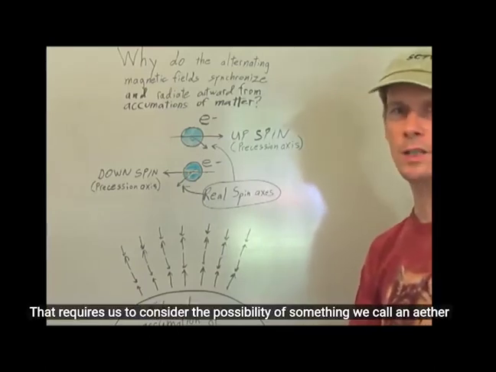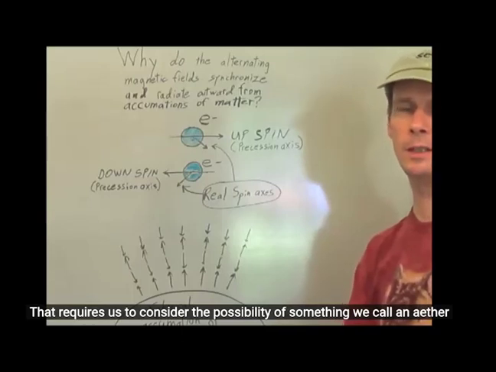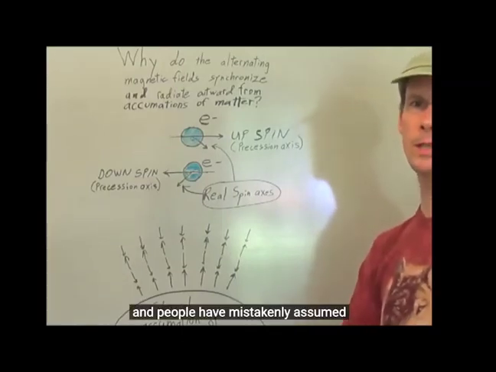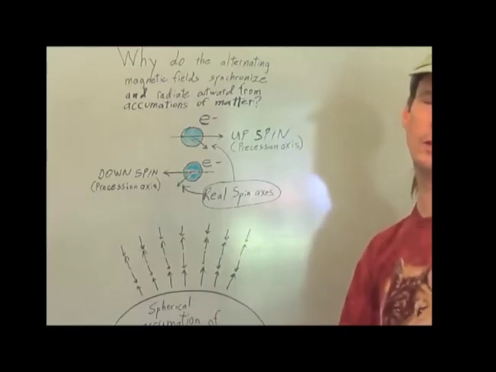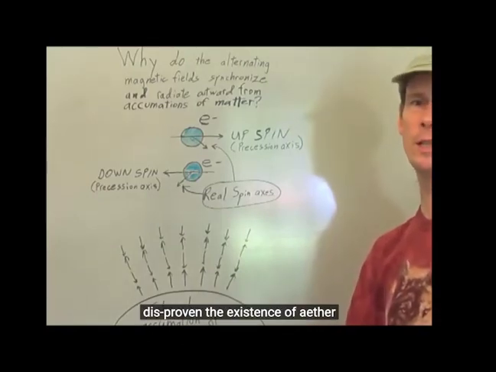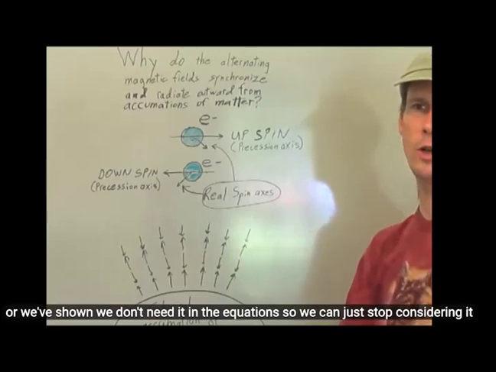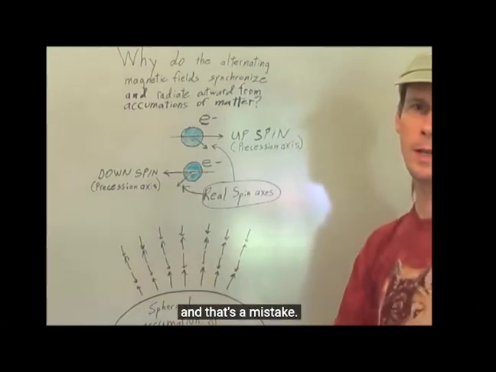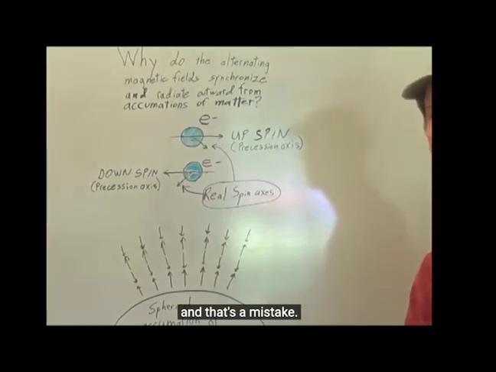And that requires us to consider the possibility of something we call an ether, and people have mistakenly assumed that we've disproven the existence of ether, or we've shown we don't need it in the equations, so we can just stop considering it, and that's a mistake.